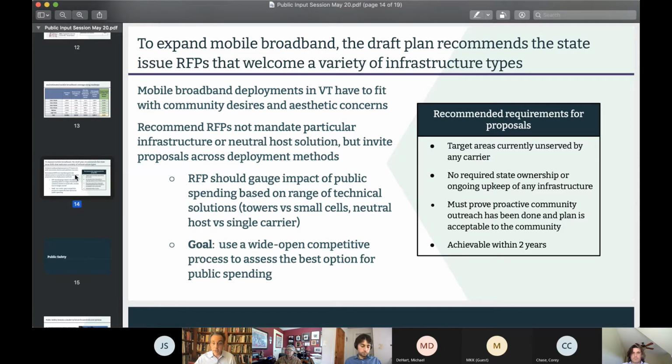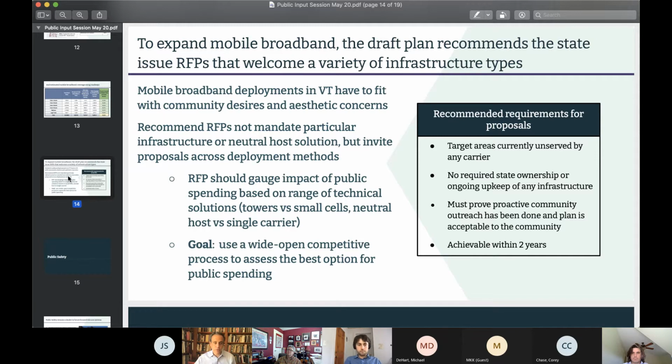And we think there would be a lot of interest in providing greater cell service, but it's going to take some subsidy to encourage those providers to use either small cell technology or larger towers to deploy that kind of capacity.